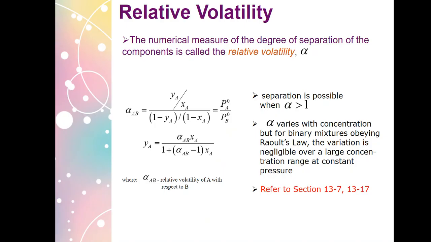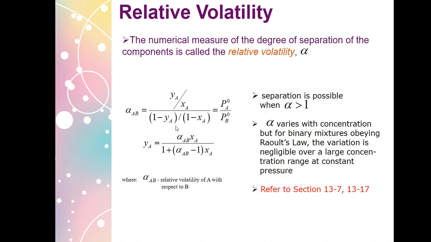Now, we also have what we call relative volatility. It's a numerical measure of the degree of separation of the components of a particular mixture, and it's oftentimes represented by alpha. This relative volatility gives you the ratio of the mole fraction of A in the gas phase over the mole fraction of A in the liquid phase.